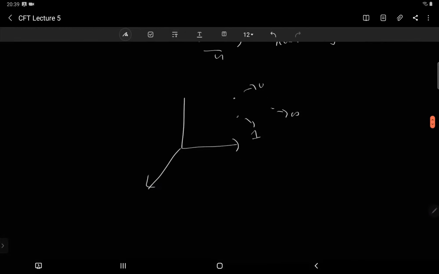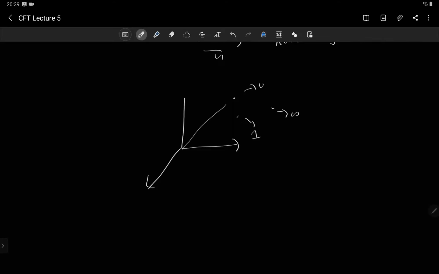By using translation, you can always shift the origin to one point, so that point becomes 0 in the new coordinate system. Then by using rotation, you can put one of the points on the z axis. Then you can use scaling to scale this to 1. And then by using a special conformal transformation, you can take the last point to infinity.